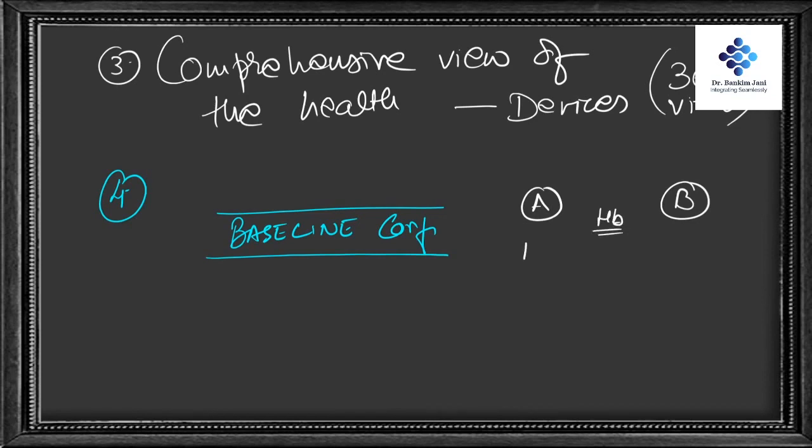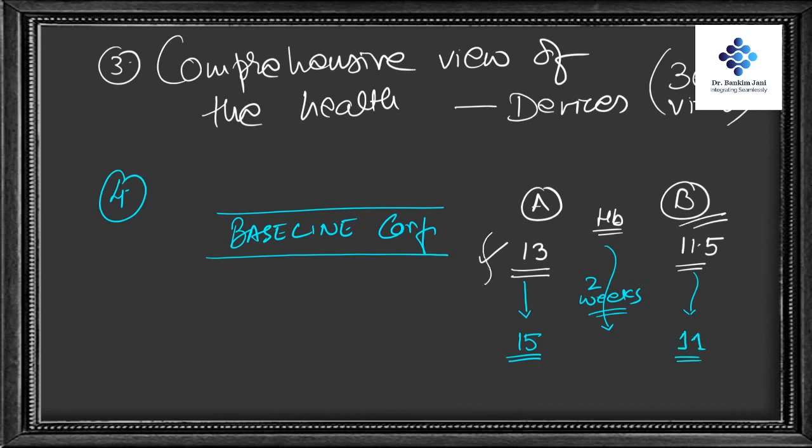A's hemoglobin is, say, 13, and B's is 11.5. You will say that this is healthy and this 11.5 is low. But just before 2 weeks, if you see the reports, hemoglobin of A was 15 and hemoglobin of B was 11. So this means B is doing good, and in fact for A there is some problem.